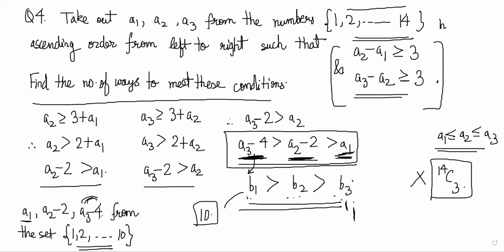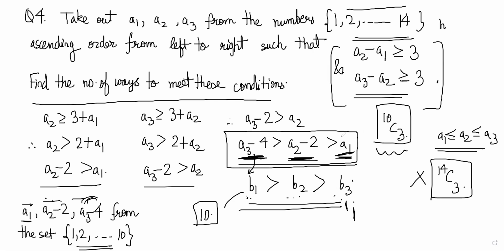This is without any restrictions. There is no issue now because they don't have to be equal. There's a strict inequality between them. So the number of ways is simply 10C3 here. How many ways to select three numbers from the set 1 to 10? It's simply 10C3. So that is the answer.